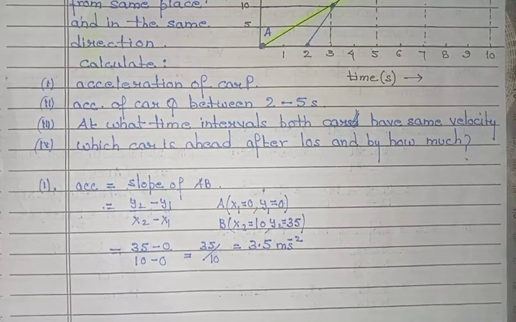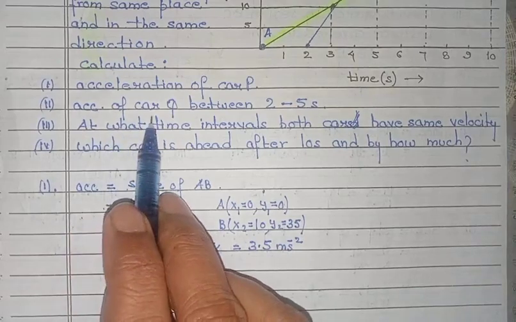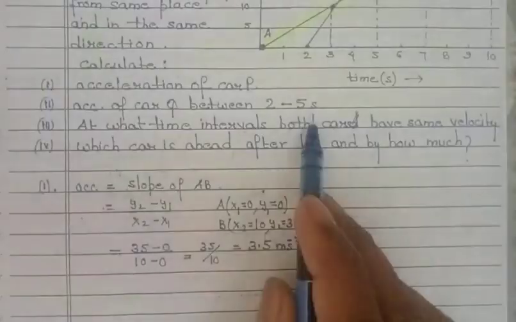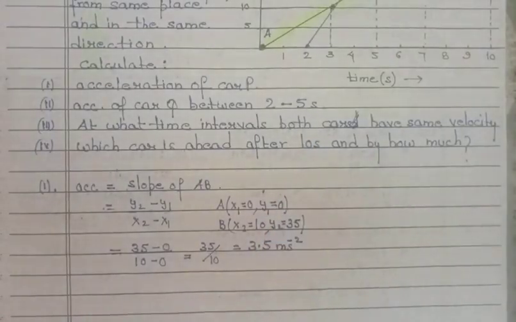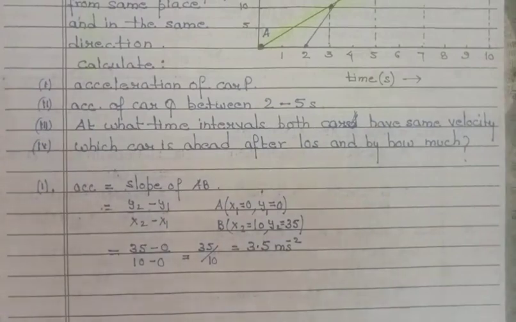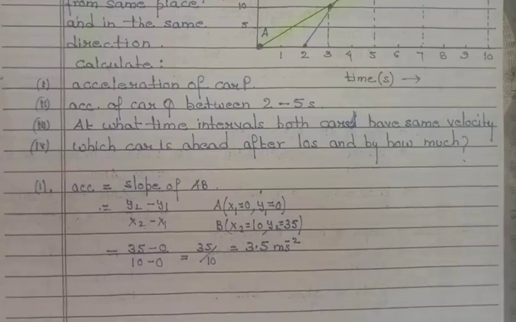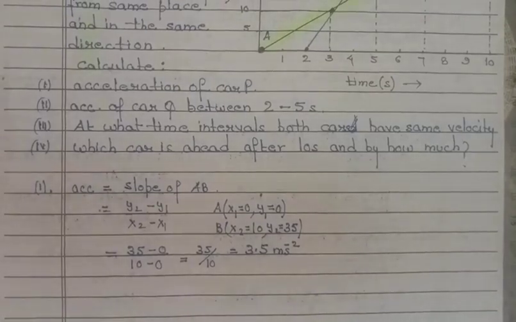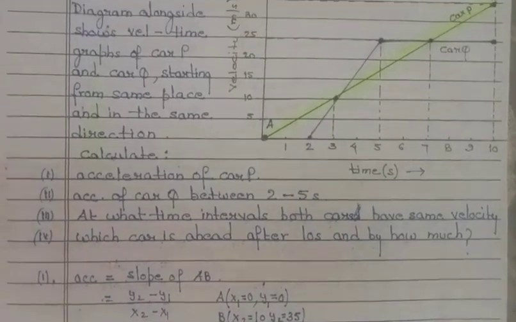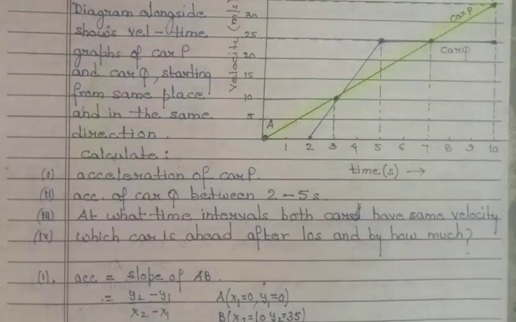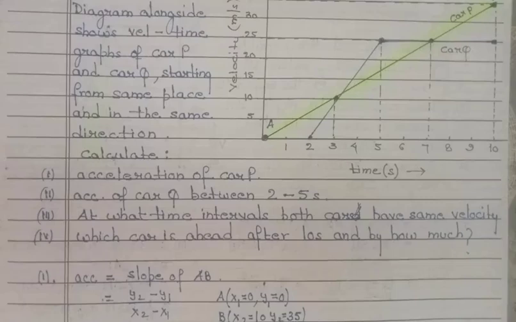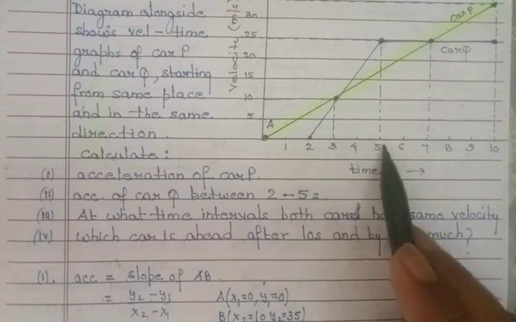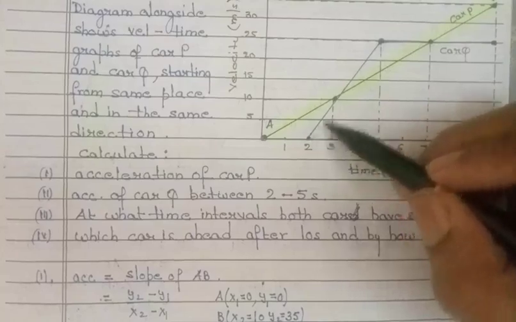Okay, now the second part says what is the acceleration of car Q between 2 to 5 seconds. Now we need acceleration of car Q between the time period 2 to 5 seconds. Now as you can see in the graph for car Q, you need to calculate the acceleration in the time 2 to 5. Between 2 to 5, we are getting this portion of the graph.